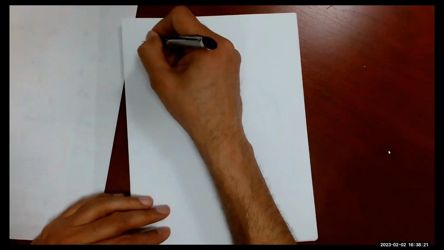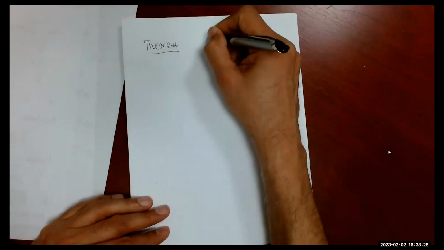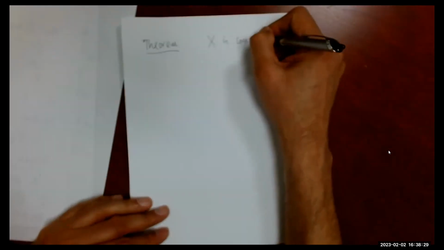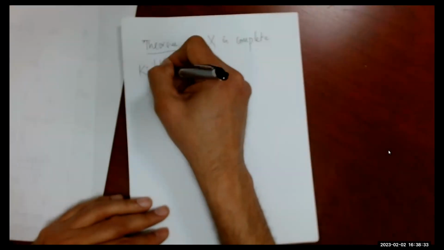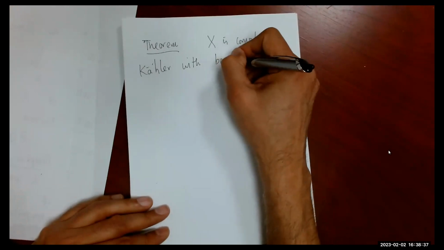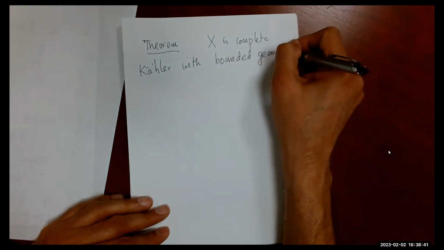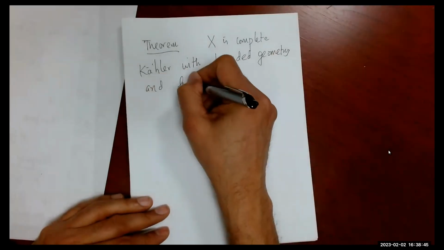This is the theorem I want to state. X is complete Kahler with bounded geometry, and has one end.